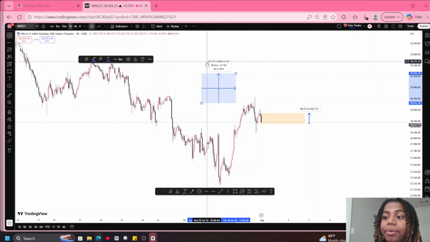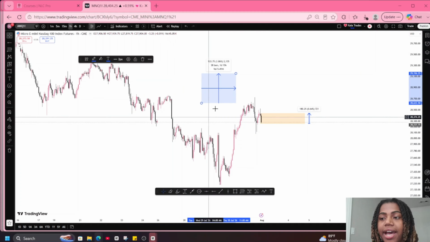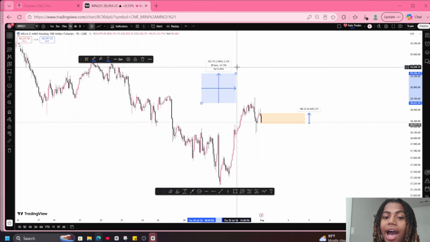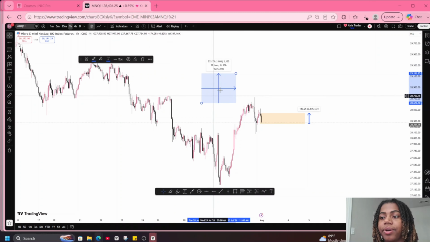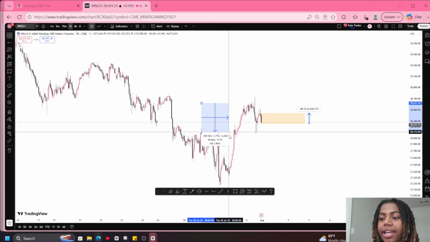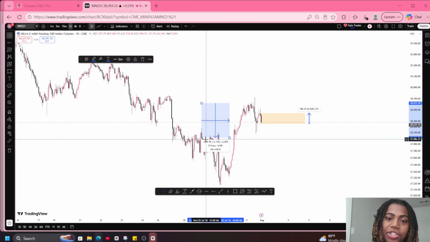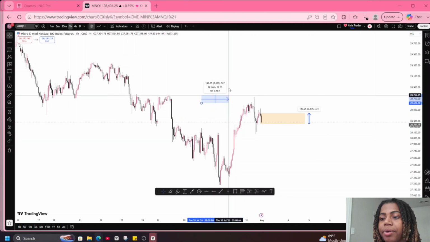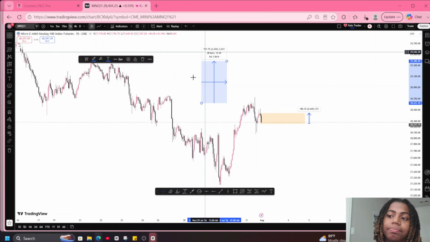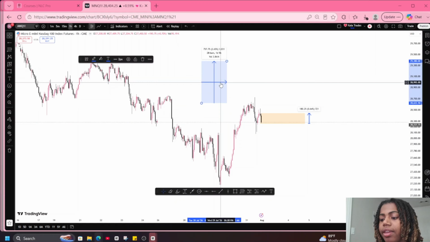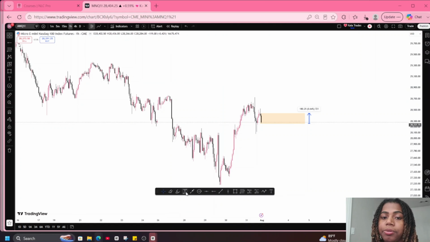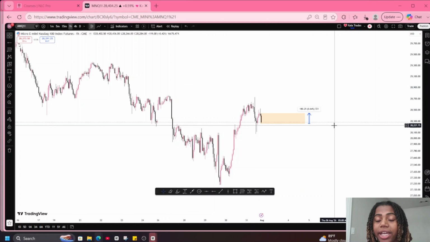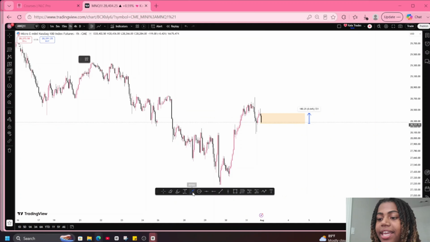It'll calculate how many points you moved up or down, and then how long it took for you to move left to right. If you go negative, it'll show you going just down the same amount. But if you pass this initial line, it'll go up positive. Okay, super simple. Again, I just keep the price range because I want to be able to quickly analyze and calculate my risk.